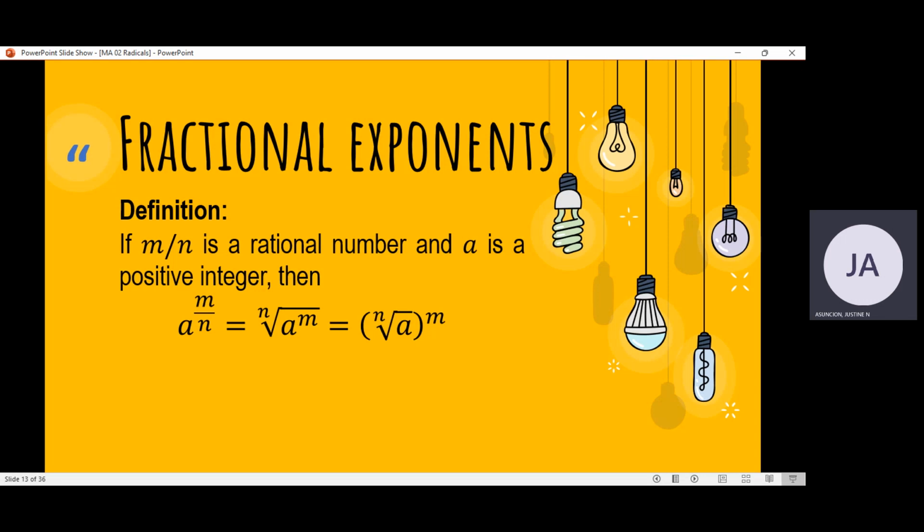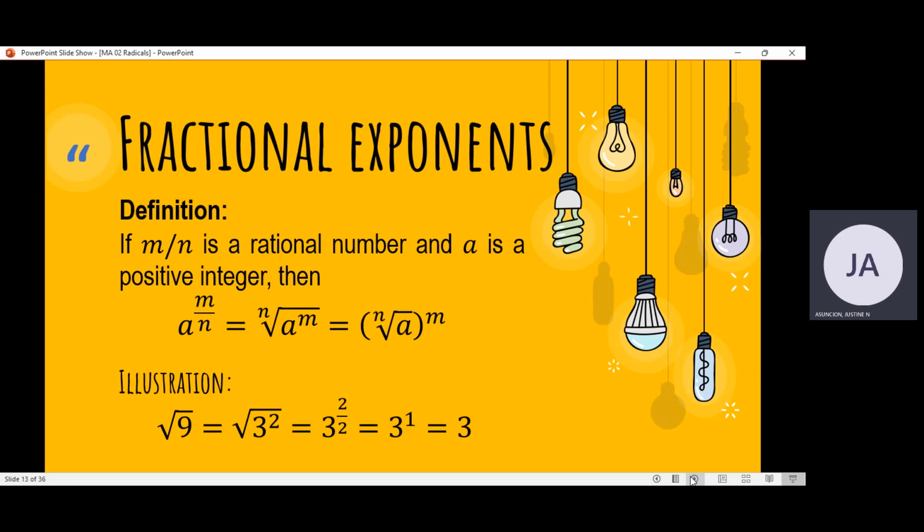So let's have an illustration here. Let's say we have the square root of 9. First we need to simplify or express our radicand in exponential form. So 9 can be expressed as 3 times 3, or simply 3 squared.